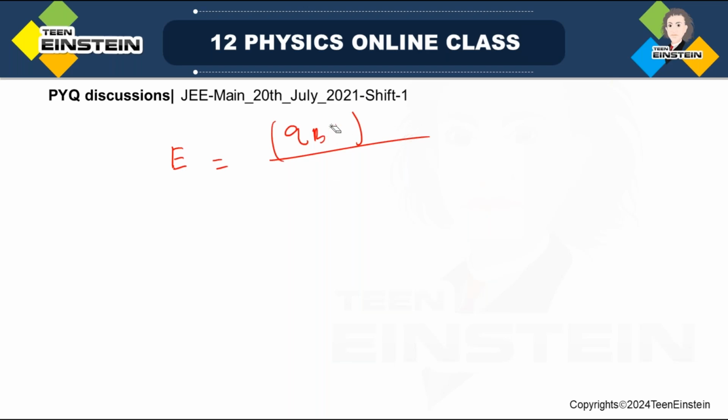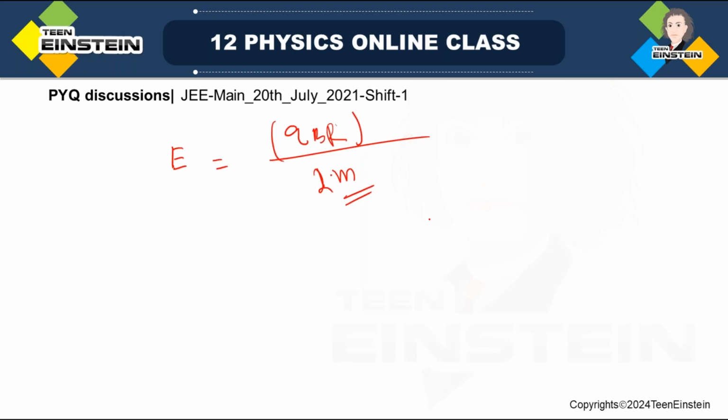I think I had written capital R. Let me go with capital R. Okay, if we put all these values, and in the denominator there was actually 2m. Yes, it will be 2m.